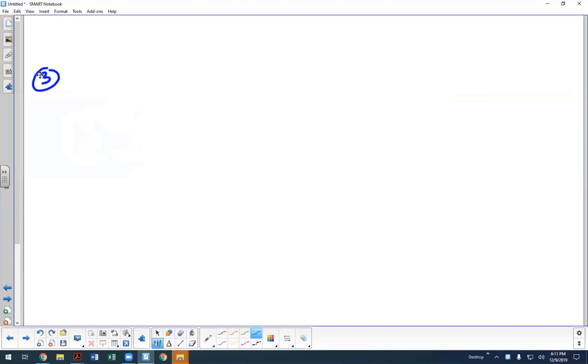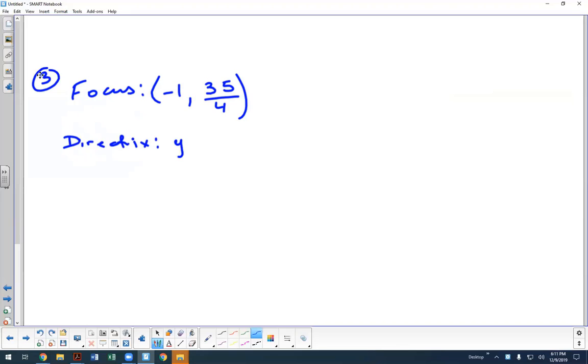So they're telling us the focus is -1, 35/4. The directrix is y equals 37/4.